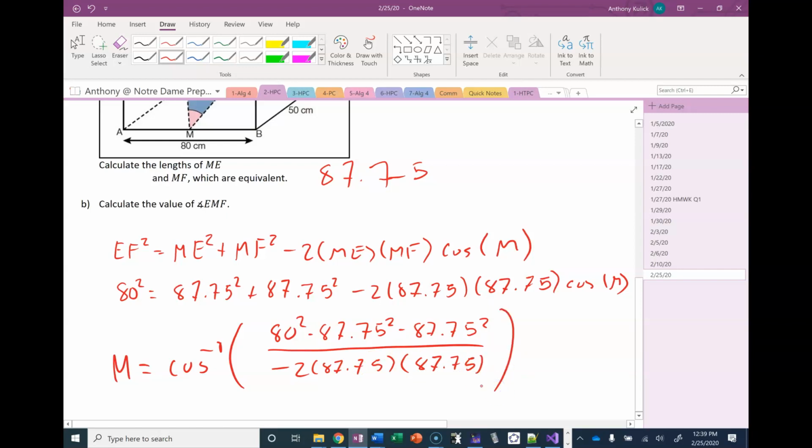And if I punch that into my calculator, I should spit out the desired answer. Let's just do that right quick.